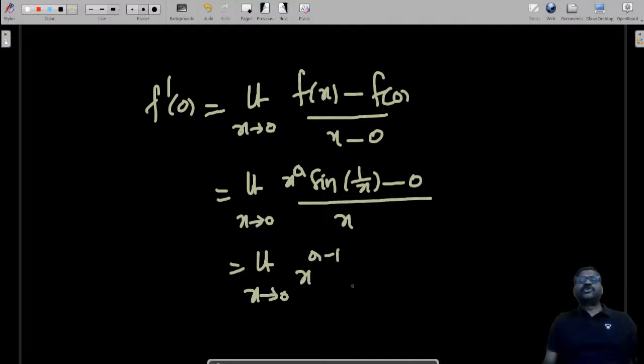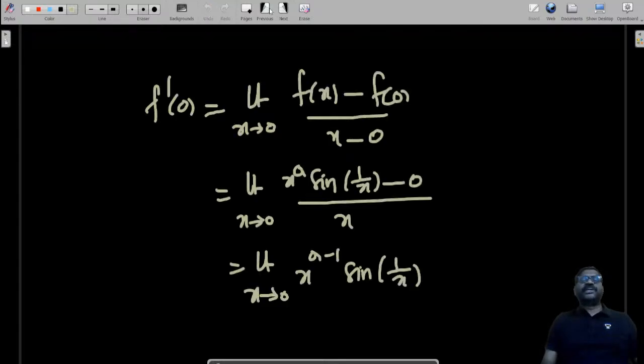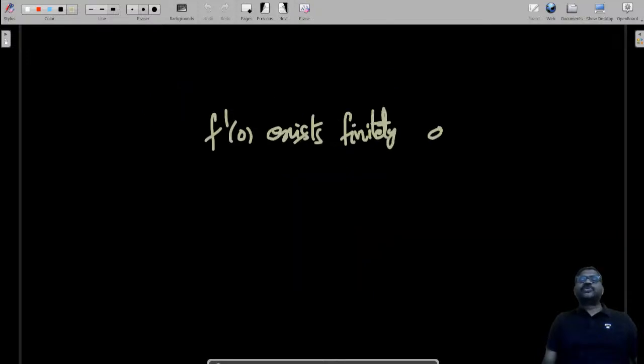Limit x tends to 0, x power a minus 1 into sin 1 by x, which exists. f dash 0 exists finitely when a minus 1 is greater than 0. That means a greater than 1.